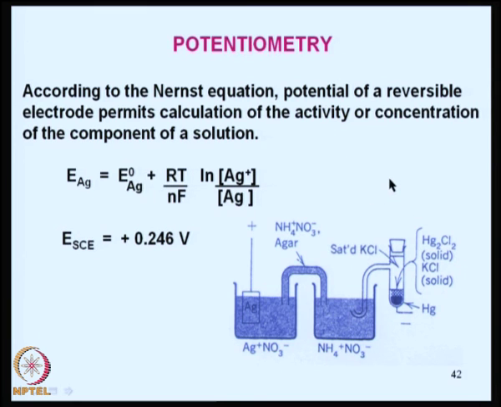The calomel electrode is one which we use very regularly for most of the reference work, and the silver chloride electrode has its own other uses, and it is still simpler to use the silver chloride electrode compared to the calomel electrode, but commercial versions of calomel electrodes are available.